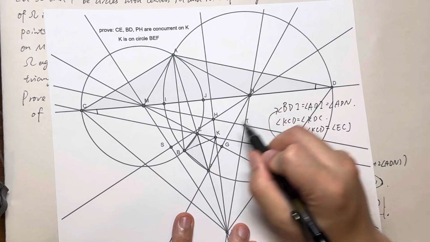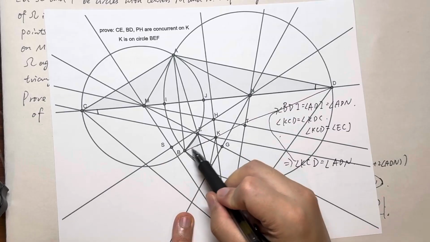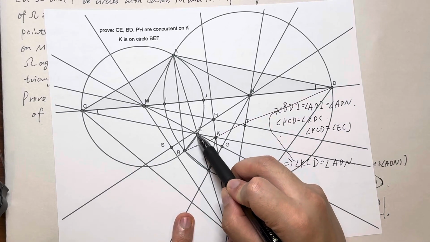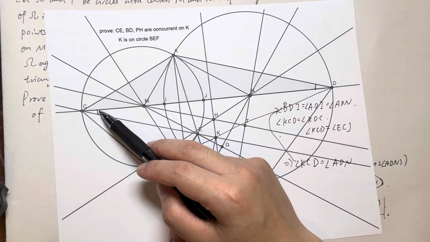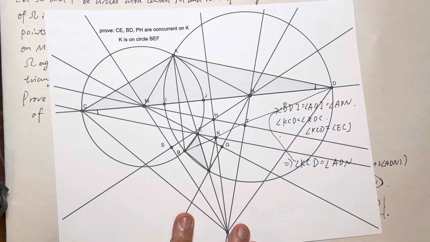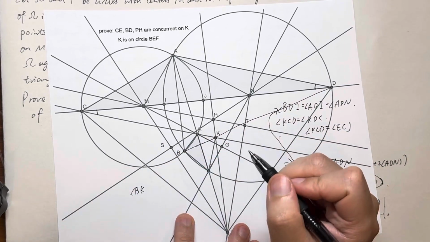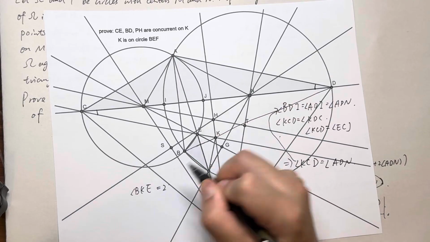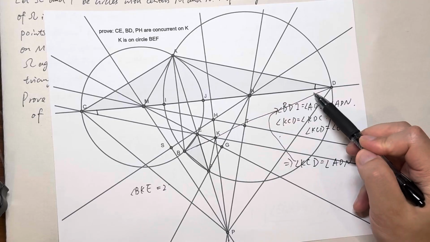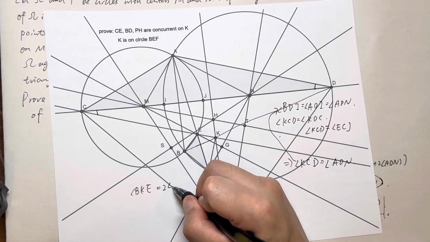And we know that B, K, D are collinear, which means angle BKE is twice angle DCK, or twice angle ADN. Because angle BKE equals this one plus this one, right? So angle BKE equals twice angle ADN.